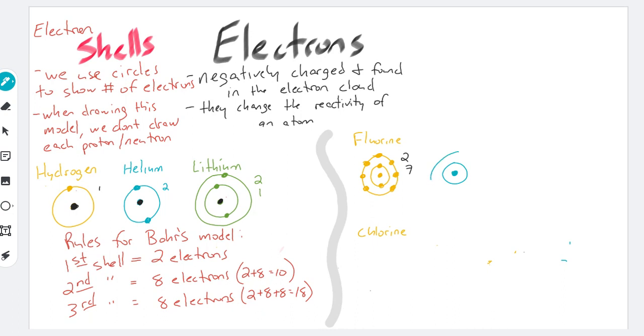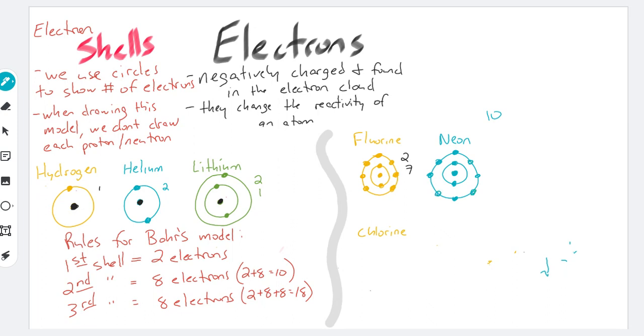We've got 1 energy shell, and a second energy shell. Neon has an atomic number of 10. So I know we're going to have 10 total. So we got 2, 3, 4, 5, 6, 7, 8, 9, 10.